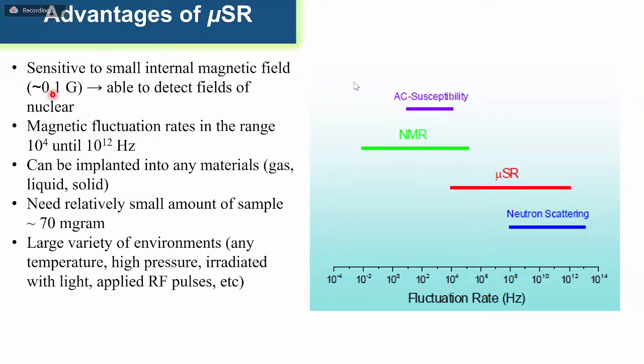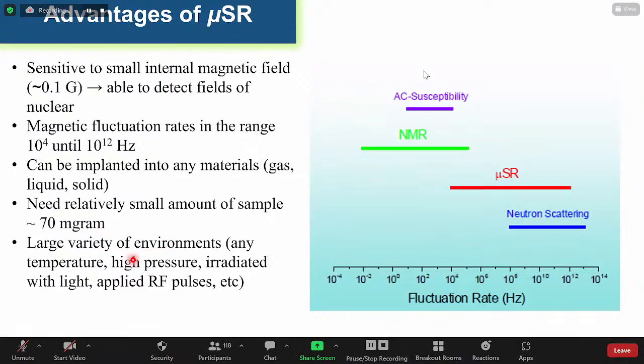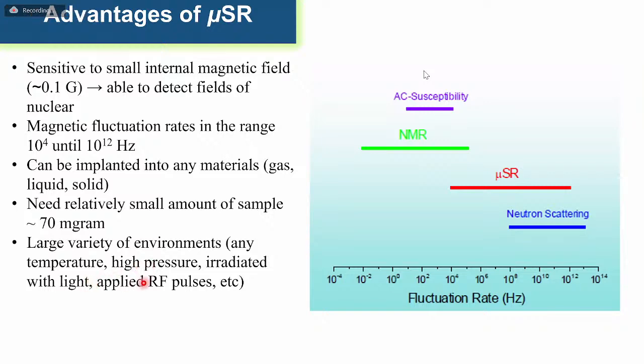It's around 0.1 Gauss, so it is able to detect the fields of nuclei. And from the magnetic fluctuation rates here, μSR can cover the region that cannot be covered by neutron and NMR. Also, muons can be implanted into any materials: gas, liquid, solid, thin film, polycrystalline, and single crystal, under conditions such as high temperature, low temperature, high pressure, irradiation with light, and applied RF pulses.